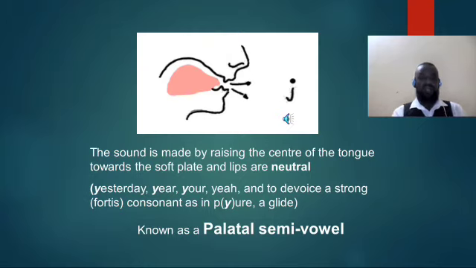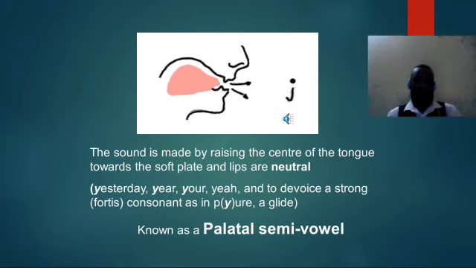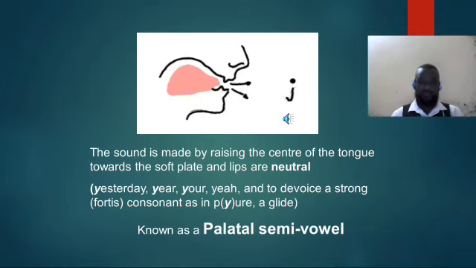The voice is strong, fortis. This consonant is in, for example, the word beauty, or pure in an American accent, because the r sound is optional.